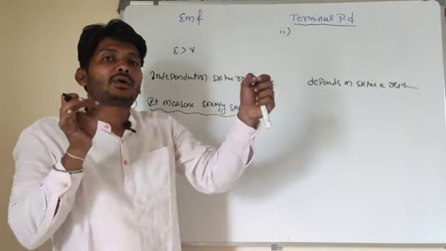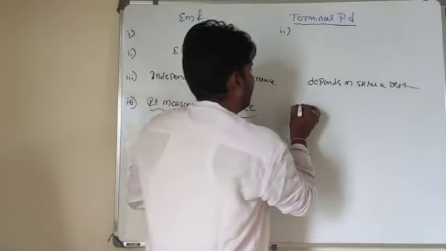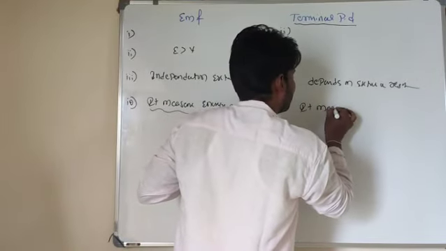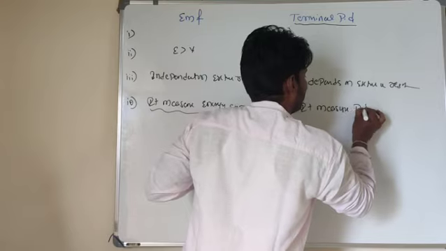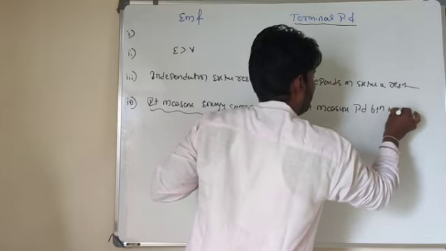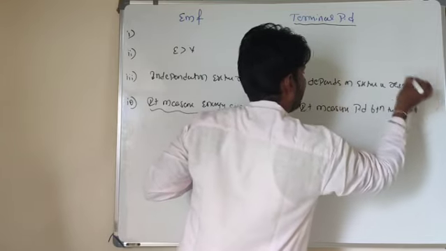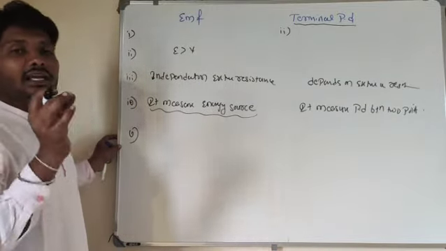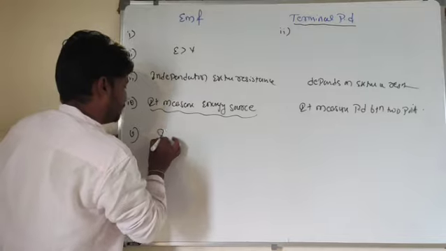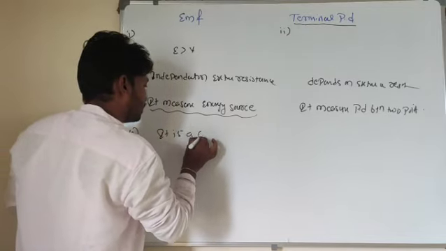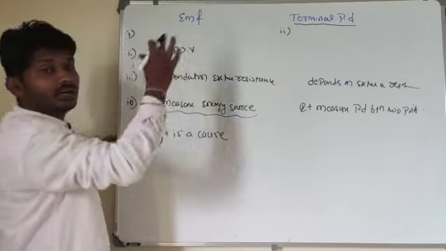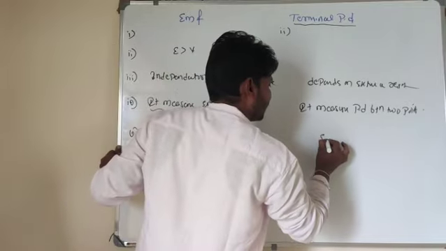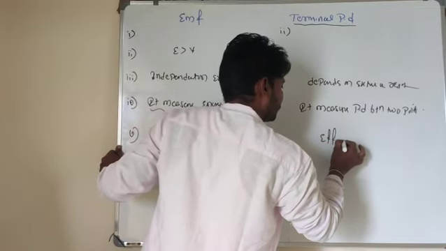It measures the potential difference between 2 points. And there is one more difference: EMF is a cause, and terminal potential difference is an effect.